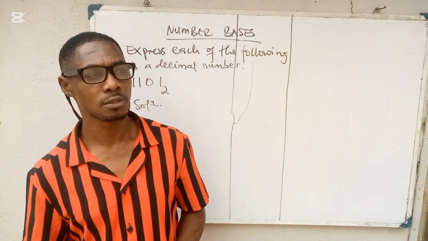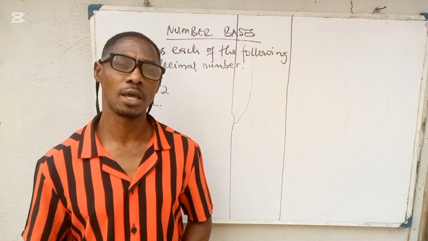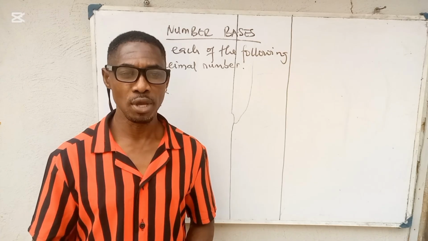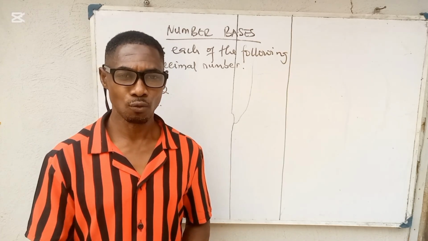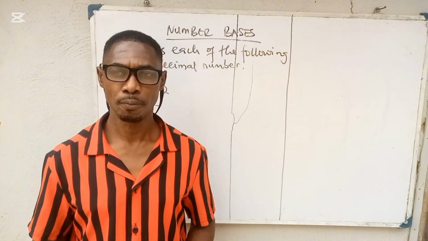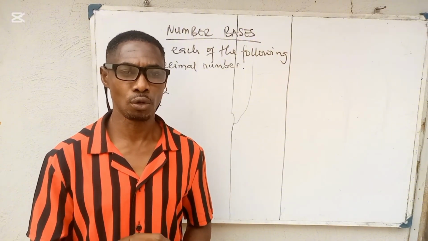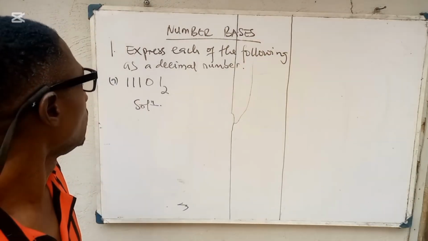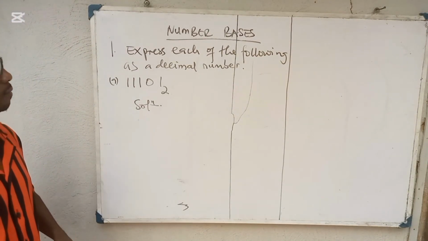Converting from base 2 to base 10, from base 10 to base 2, and from one base to another, and the kind of questions that they usually bring. So follow me as we do a whole lot of questions here. You're welcome. Now let's have a look at this.